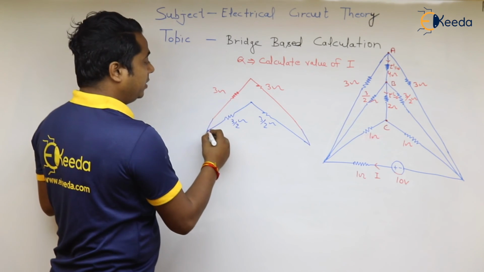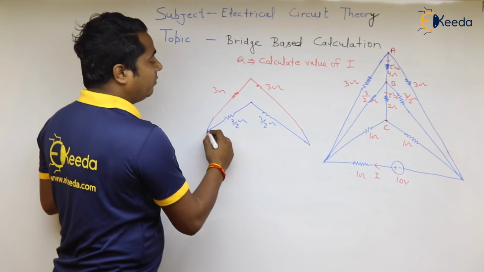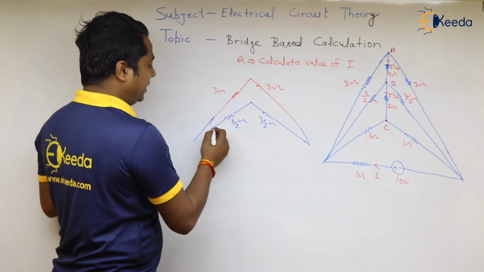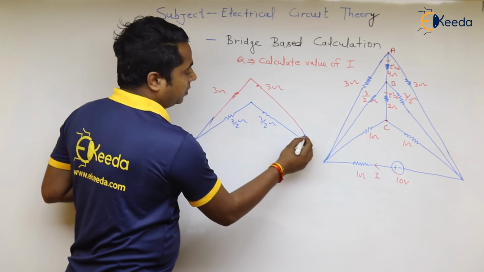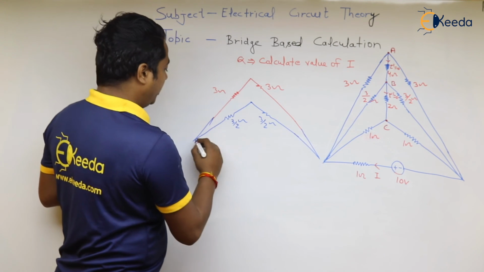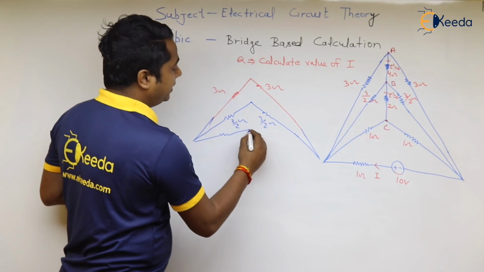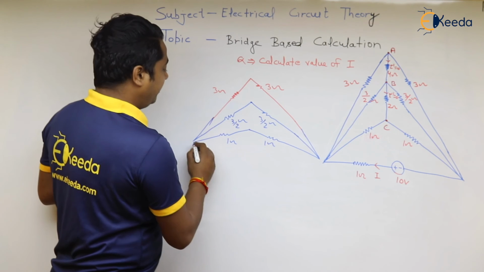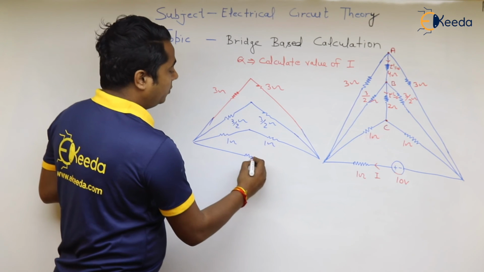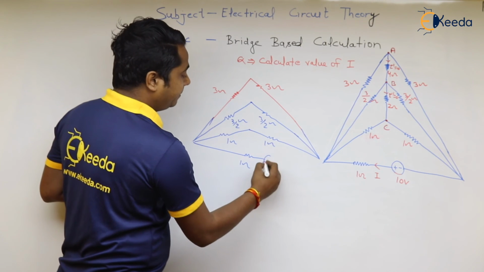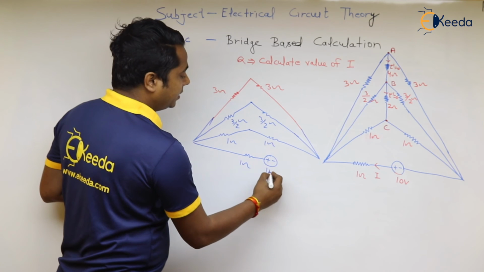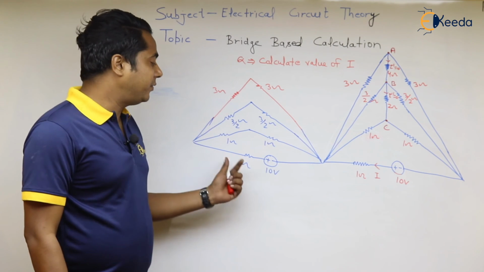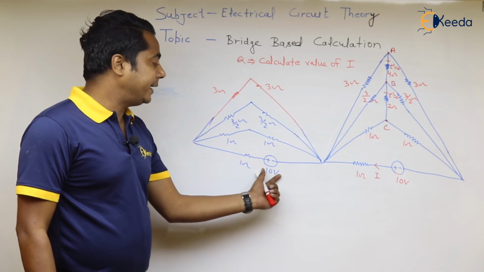Then again these 1 ohm are connected in series. We can stretch here a little bit: 1 ohm, this 1 ohm and this 1 ohm, and we have 1 ohm resistor here and a 10 volt battery.